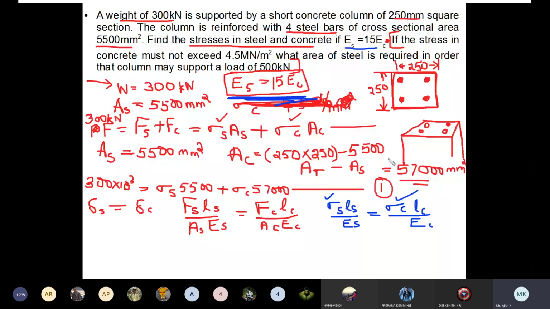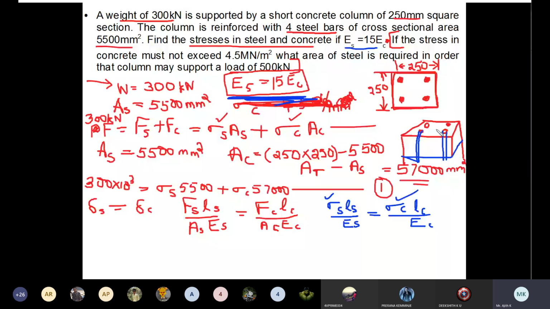Will they be the same or different? In any structure there will be a concrete column or pillar, and inside that pillar, throughout its length, there will be a steel rod. So the length of steel and length of concrete must be the same.